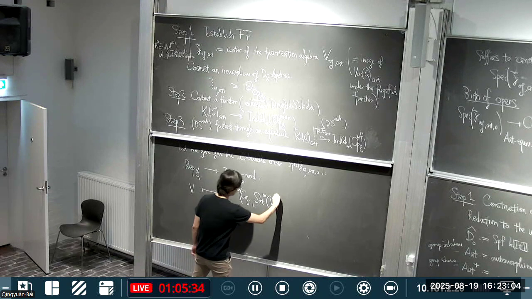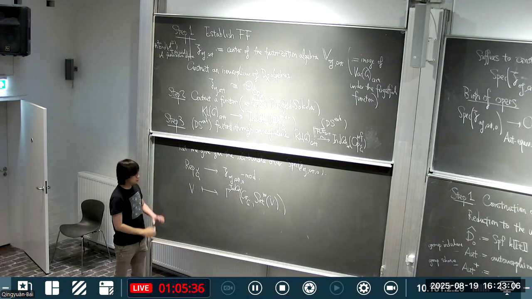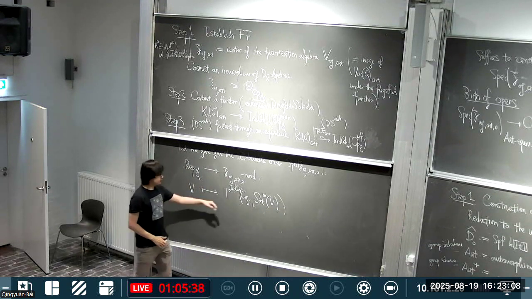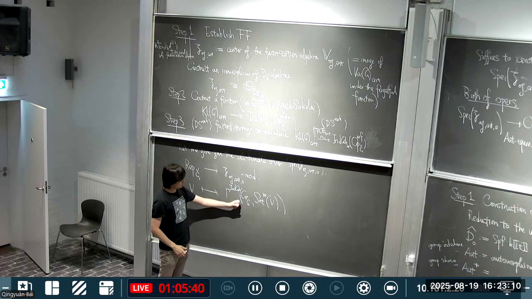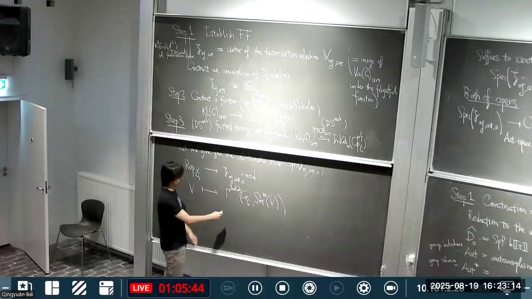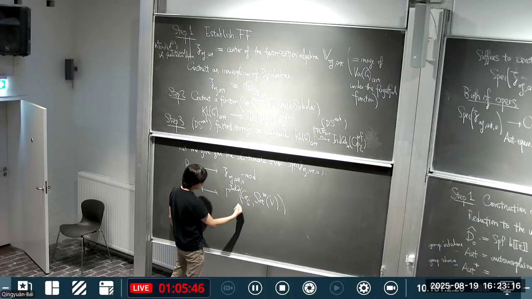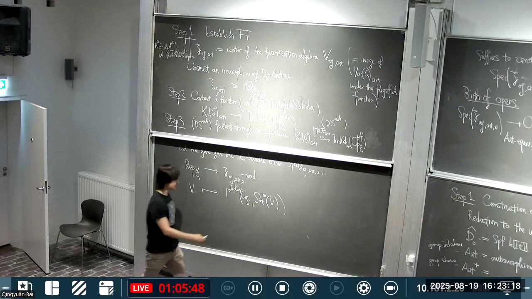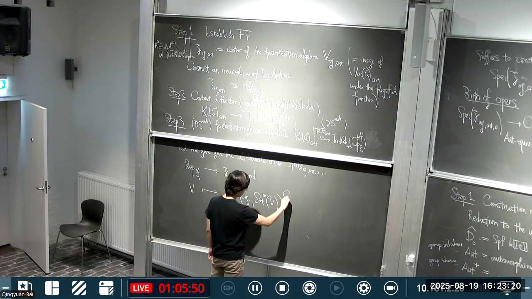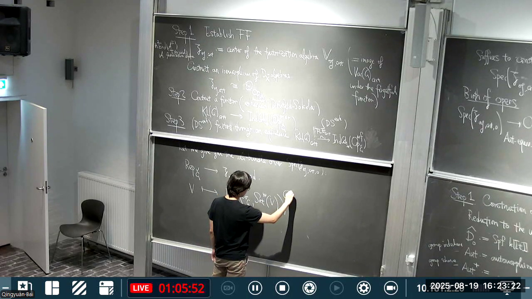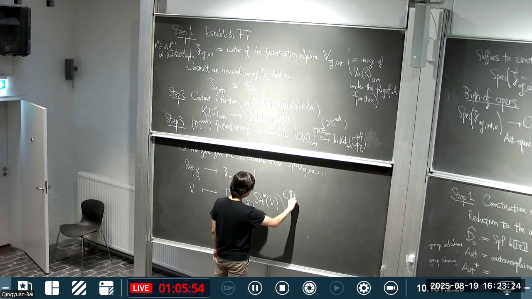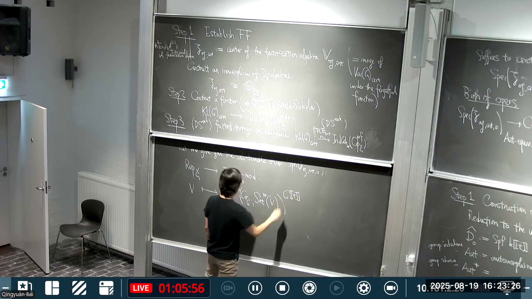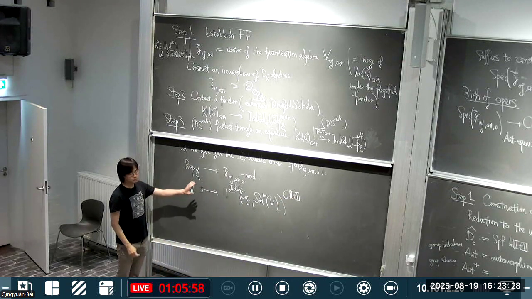And now you can take global sections, and after you take global sections, it's going to carry a structure of a G-K module. So it's going to carry a structure of an object in the Kazhdan-Lusztig category, and in particular, you can take G-invariants. So that is the module.